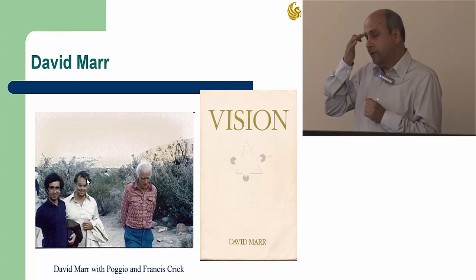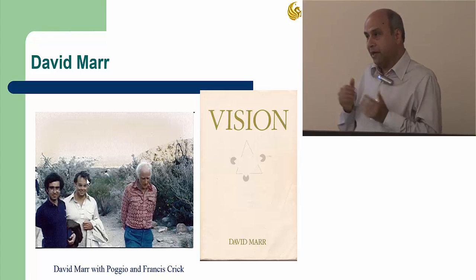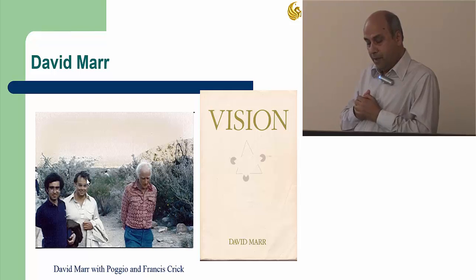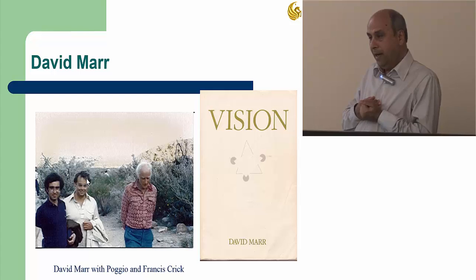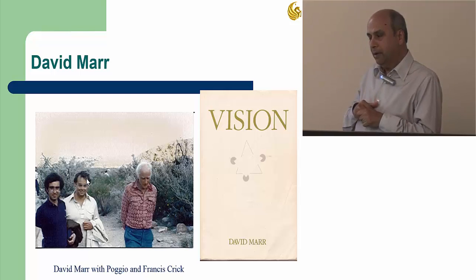There are many PhDs under David Marr from MIT. He actually changed the direction of computer vision research, and he wrote a very influential book called Vision, and I strongly recommend that you read it. It's very easy, scientific American level reading. It's not very technical.